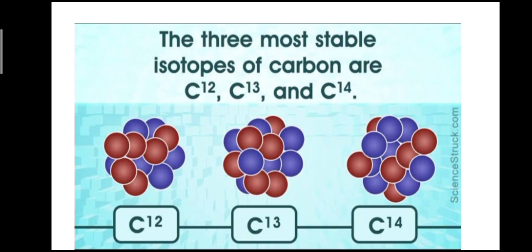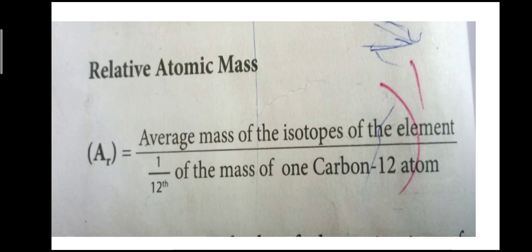This is otherwise called one atomic unit. The formula for relative atomic mass: AR is equal to the average mass of the isotopes of the element divided by 1 by 12th of the mass of one carbon-12 atom.